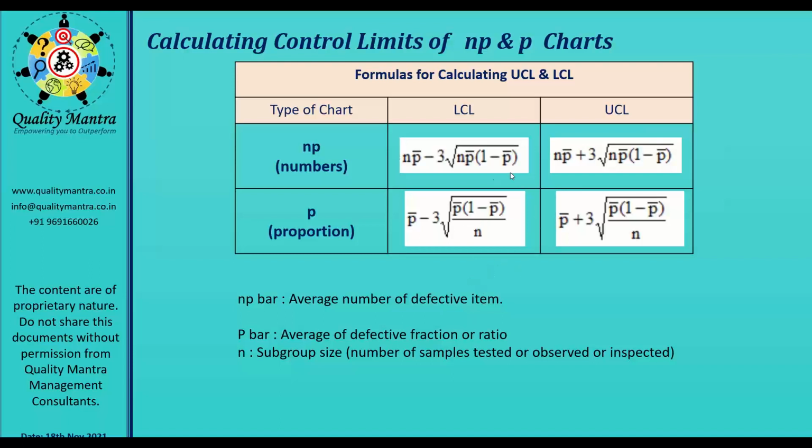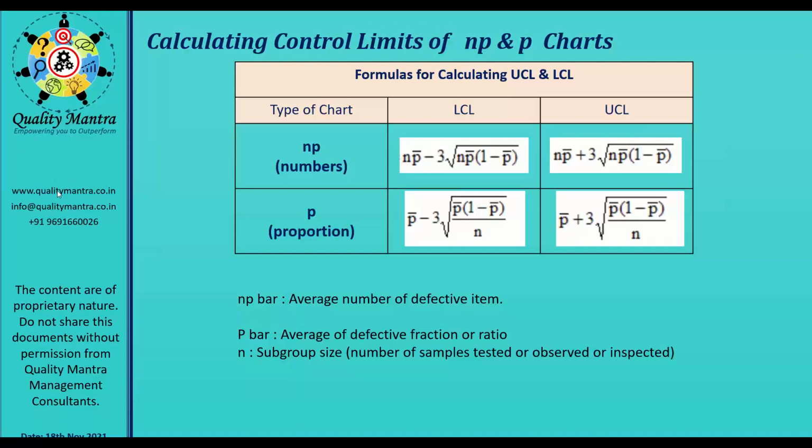So these two formulas you need to use to calculate the LCL and UCL of the NP and P charts. Once you calculate the LCL and UCL, then every day keep on monitoring the data either in the P chart or in the NP chart based on your production type, sampling type. If it is changing every day, you need to follow the P chart. Otherwise, you follow the NP chart.